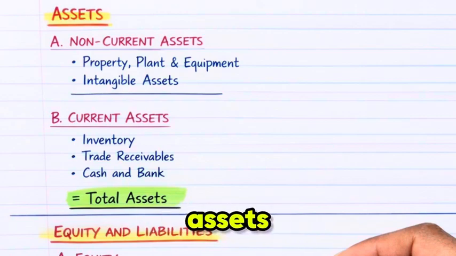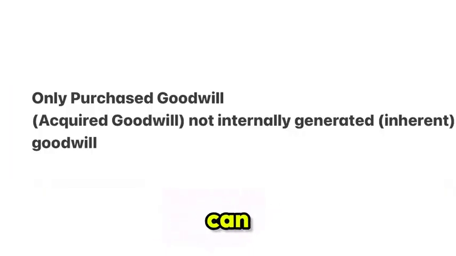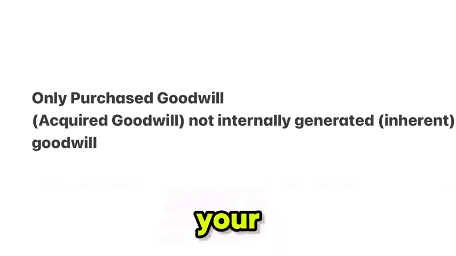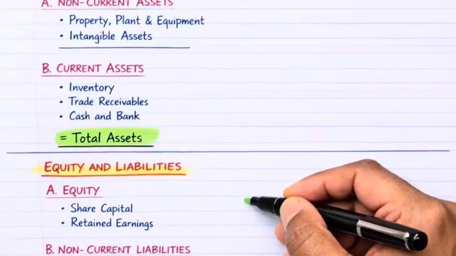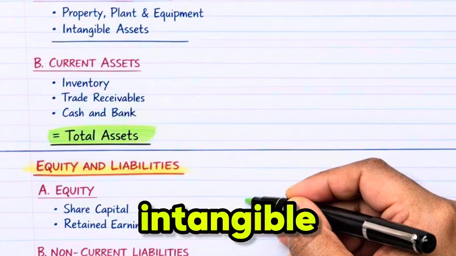Your intangible assets will come in here, those assets that you cannot touch, as the name implies, like your goodwill. But the goodwill that can come here is not inherent goodwill, but only purchased goodwill. So all your intangibles, copyright, trademark, and many other intangible assets will come in here.